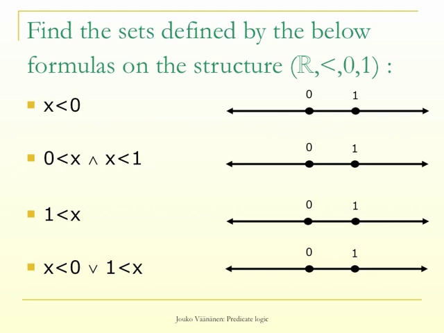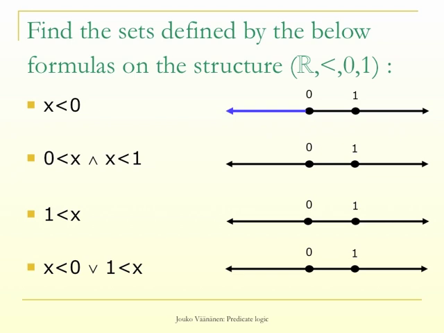We could have denoted it by C, but we simply denote it by 0. The same for 1. Instead of talking about the constant symbol D, we just talk about the constant symbol 1 and decide that the interpretation of this constant symbol in the real numbers is 1. Very natural. So, let's look at the formula x less than 0. Of course, this defines the negative numbers.